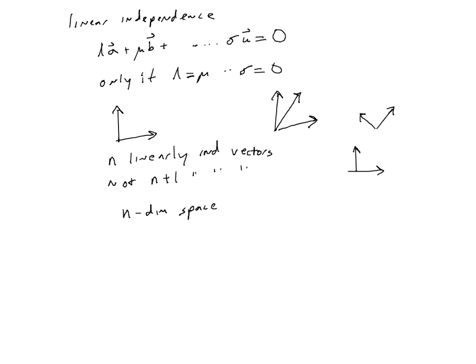And so if you have, say, E1, E2, all the way up to En, and these are n linearly independent vectors, and let's say this is an arbitrary vector x, you can create it by just combining these.